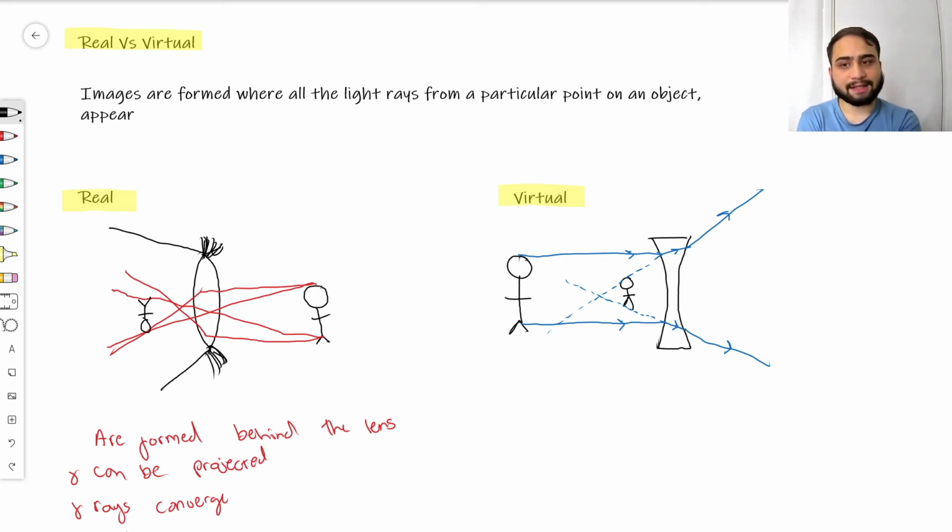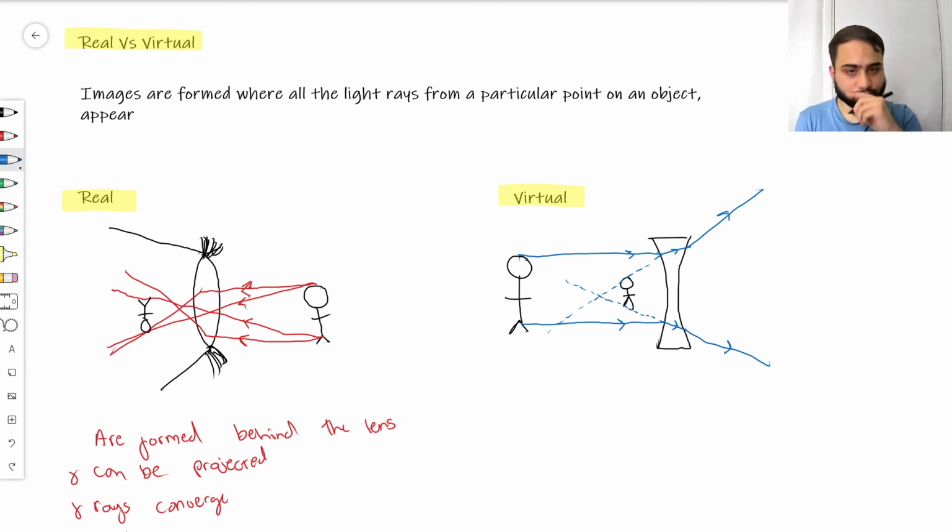You don't really need to understand these light rays right now, I'm going to do a separate video on that, but they represent light traveling, with arrows as well. Here we can see an upside down image of the stickman being formed behind the lens. This would be on our retina, and actually everything that we see in the real world is technically upside down, just our brain has adapted over thousands of years to flip those images straight away, which is why we see everything this way up. So a real image or real rays are always formed behind the lens, they can be projected, and it's where the rays of light actually converge.